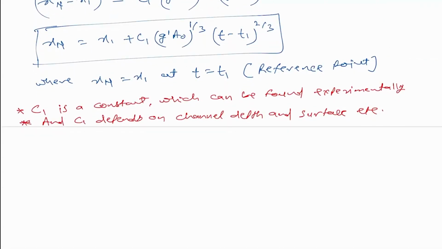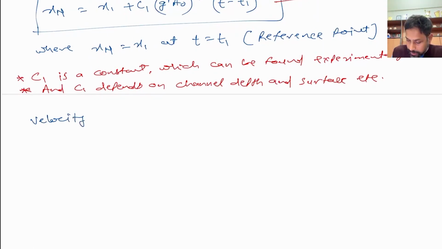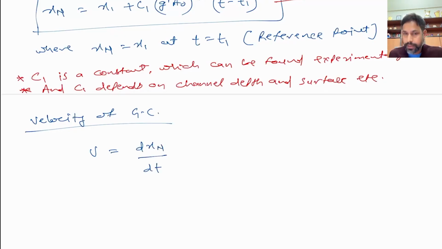So this equation works for early time gravity current, and this also gives us the velocity. If you want to find the velocity of the gravity current, let's say u, how do we define u? That is dxn over dt.